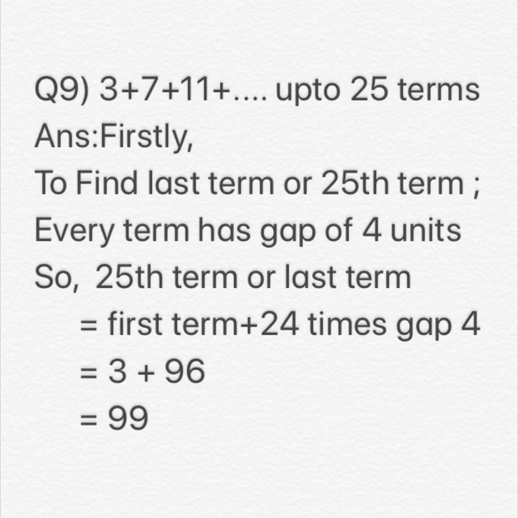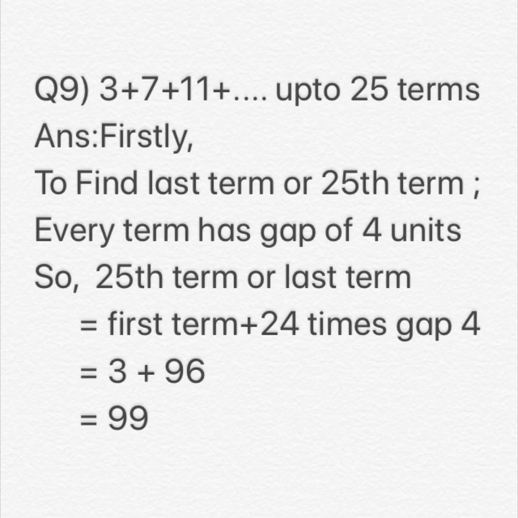You have to add 24 times that gap 4 so that we arrive at the 25th term, that is the last term. So the first term is 3 and 24 times that gap 4, 24 into 4, is 96. So 3 plus 96 is 99. This is the 25th term, or last term, in the arithmetic series.